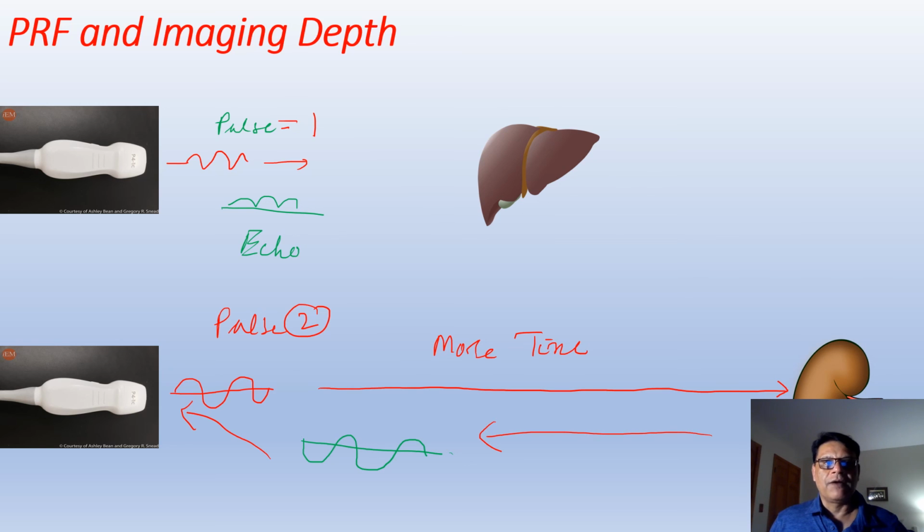So the pulse went, reflected back in a very short interval of time, but here the pulse went, it covered a long distance, it took a large time, and the pulse took a large time in returning back.